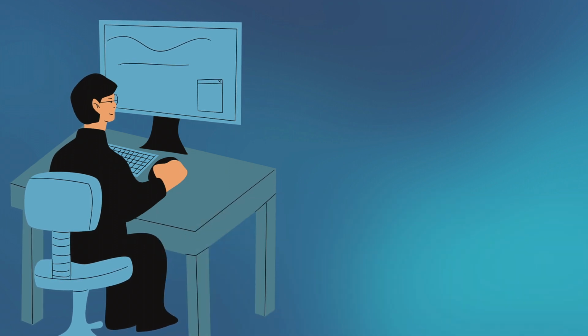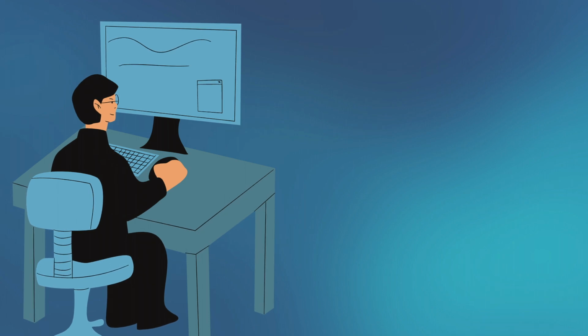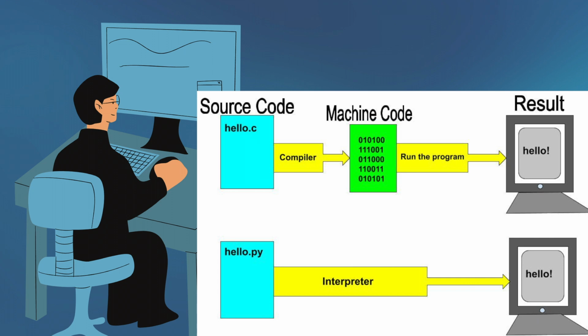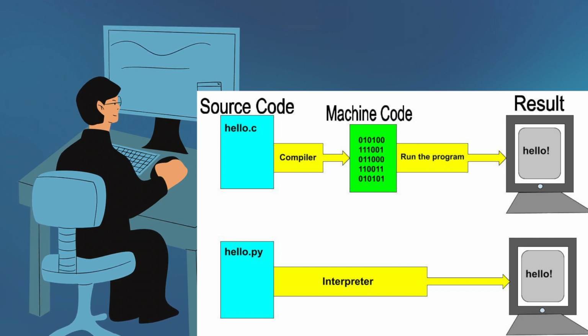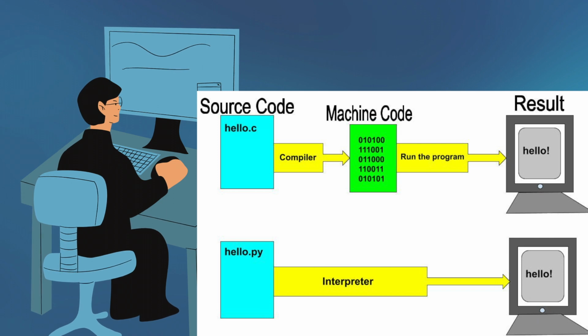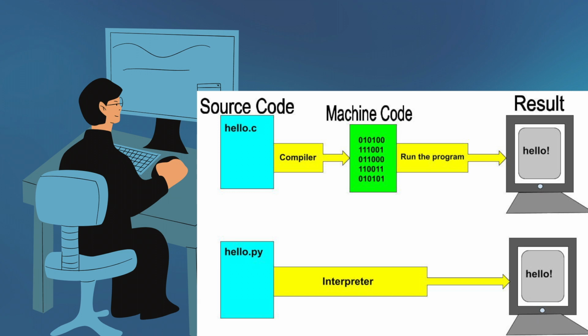In an interpreted language, the source code is not directly translated by the target machine. Instead, a different program, aka interpreter, reads and executes the code line by line. Interpreted languages tend to be more flexible and often offer features like dynamic typing and smaller program size.